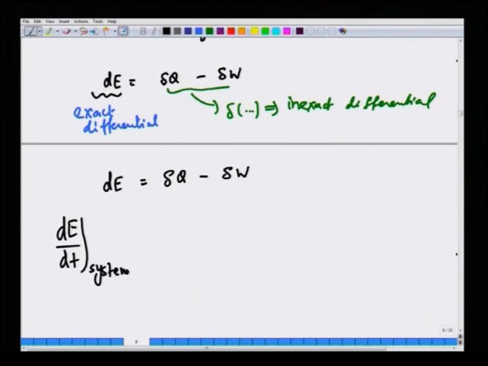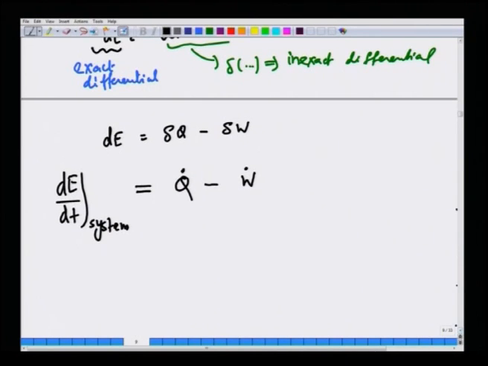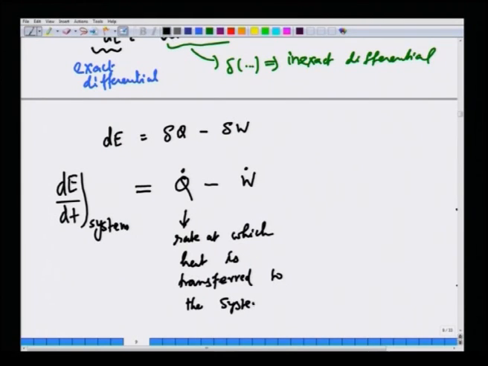So, the rate of change of total energy of the system is equal to the rate at which heat is transferred to the system minus the rate at which work is done by the system. So, Q dot is the rate at which heat is transferred to the system, and W dot is the rate at which work is done by the system.